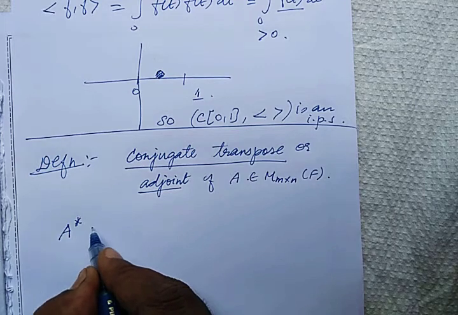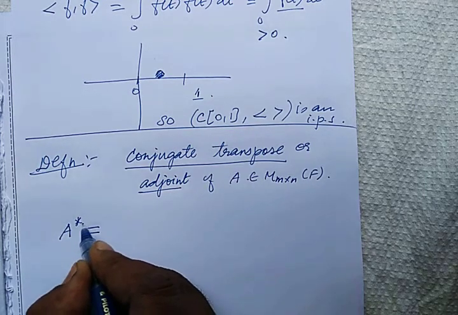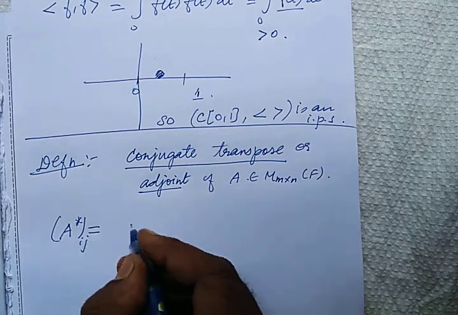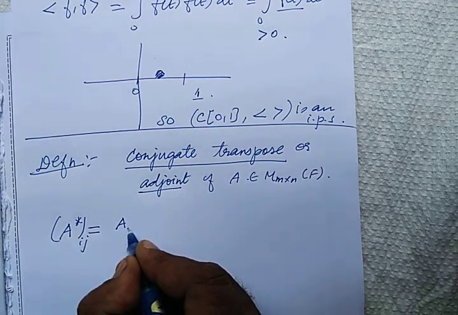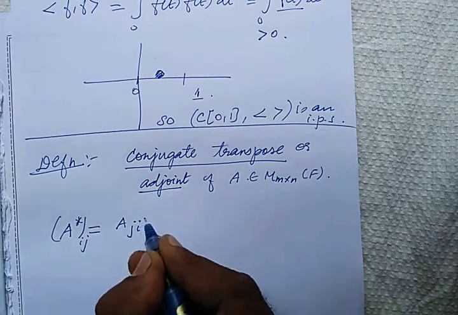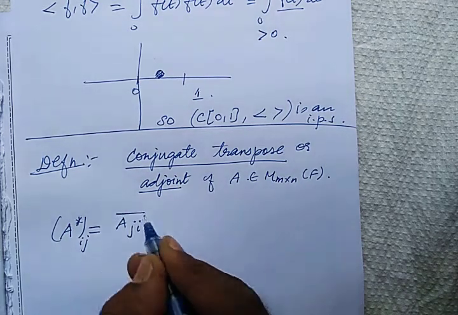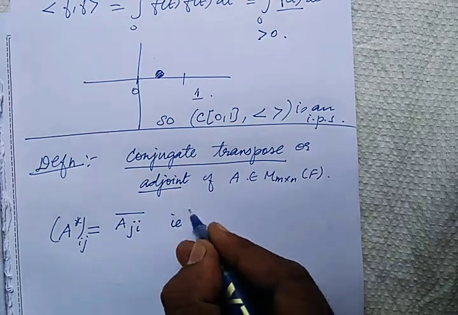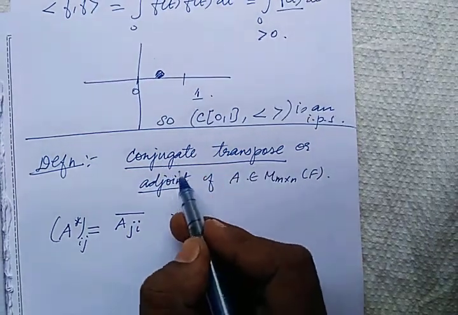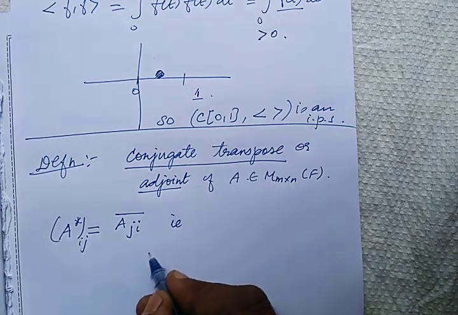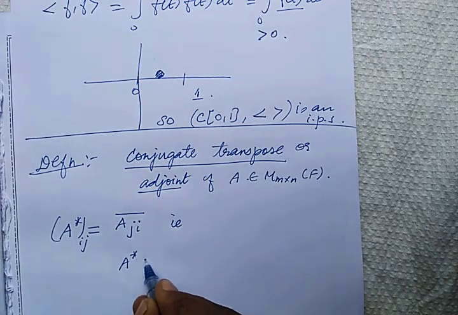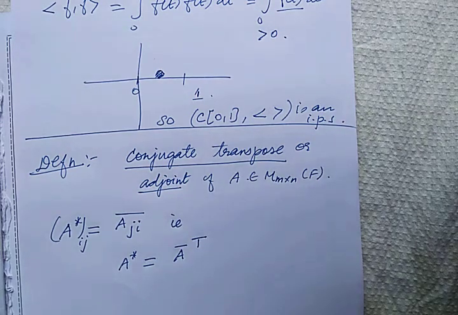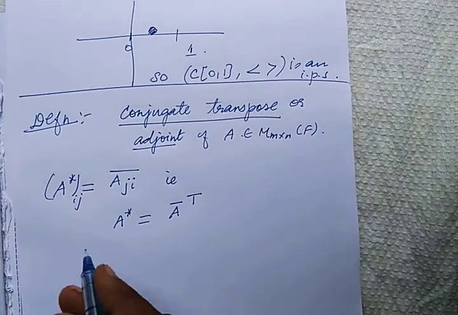A star is nothing but the i comma jth entry of A star is nothing but the j comma ith entry of A the whole bar, or otherwise the adjoint conjugate transpose of A, that is A star. That is A star is equal to A bar transpose.